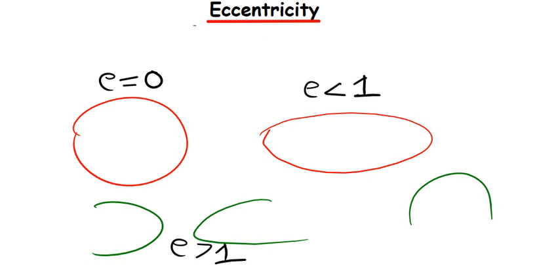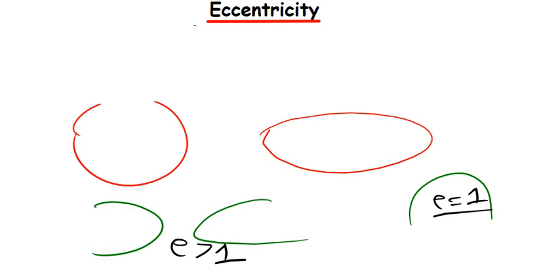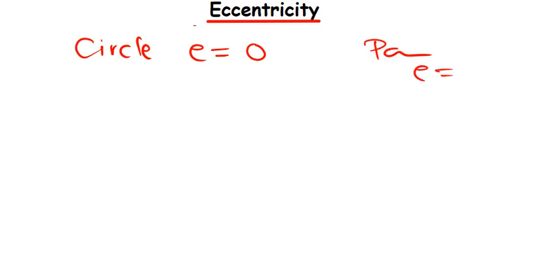And for a parabola, it's just equal to 1. I'll explain why. That being said, there's no need to ever calculate the eccentricity of a circle and a parabola because they are known. For a circle it's 0, and for a parabola it's 1.